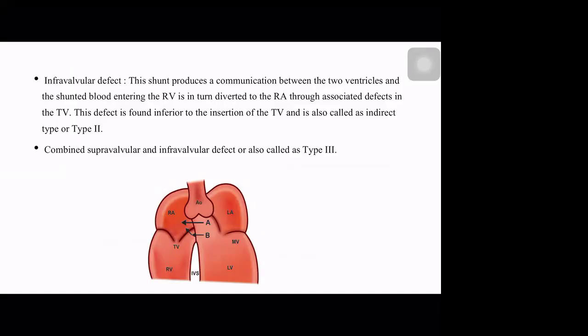So in supravalvular, the tricuspid valve remains intact. That is why it is called the direct type of Gerbode defect. But in infravalvular or indirect type, the tricuspid valve is defective. It is not intact. That's why the direction of flow is from the left ventricle to right ventricle to right atrium. And the third one is the combined supravalvular and infravalvular defect.